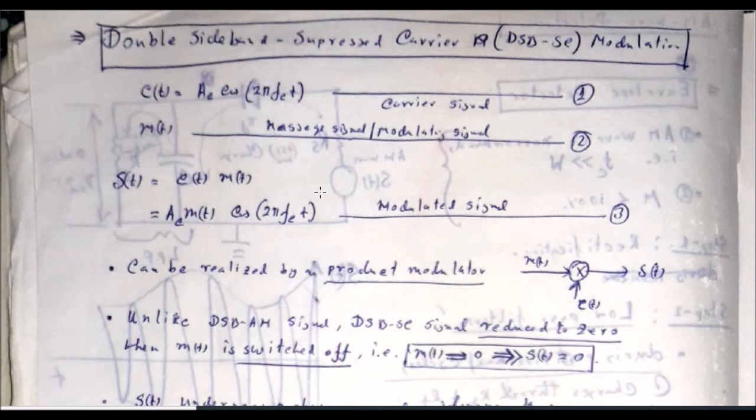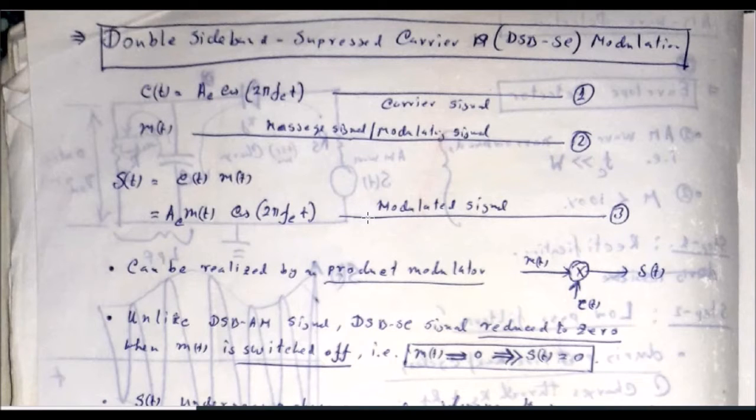It is nothing but the multiplication of the message signal m(t) with the carrier signal Ac cos 2 pi fc t. It is the modulated signal for DSB-SC modulation.